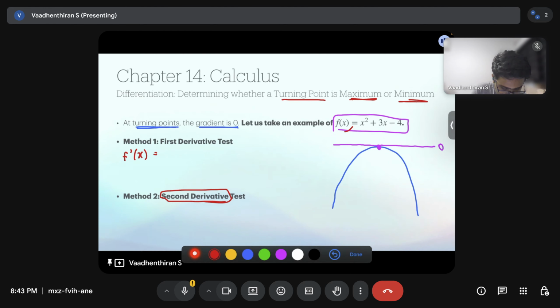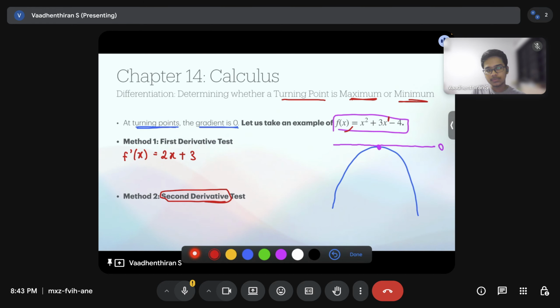Here you take the exponent of x, bring it down, 2, and you write the x and reduce the power by 1, which gives 1. You don't write 1, so it's 2x. And then here you can see that 3x has an exponent of 1. The power is 1, so you bring down the power, which makes it only 3. And x to the 0 is 1, so you don't write the x here.